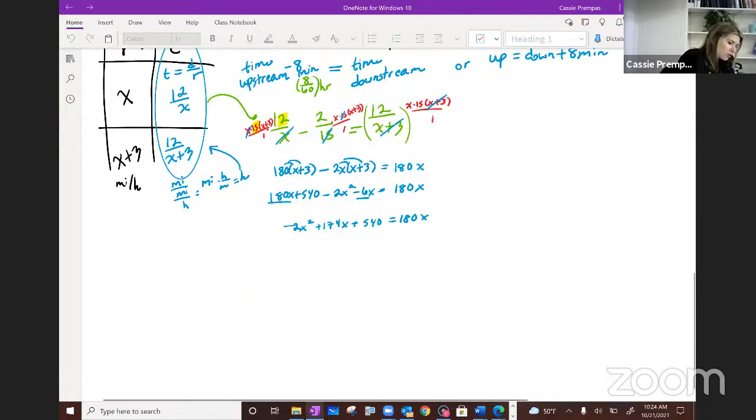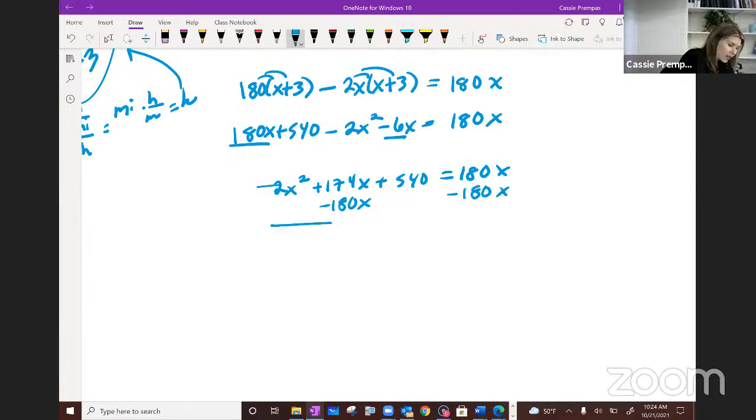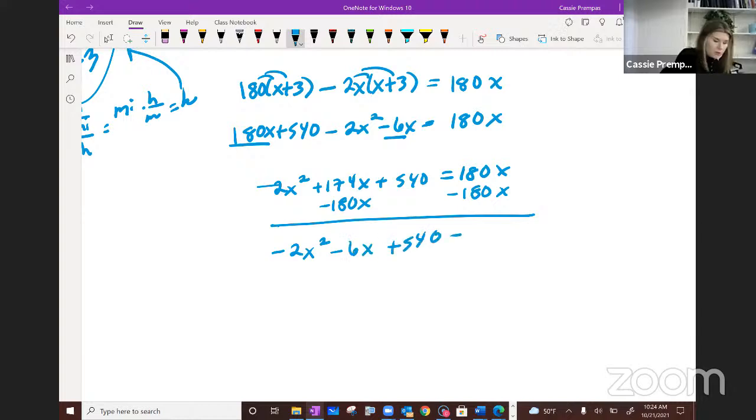Here we go. So subtract the 180x to continue to set it equal to 0. And that gives me negative 2x squared minus 6x plus 540 is equal to 0. I'm going to factor out the -2, which would give me x squared plus 3x minus, what's 540 divided by 2? 270 is equal to 0.